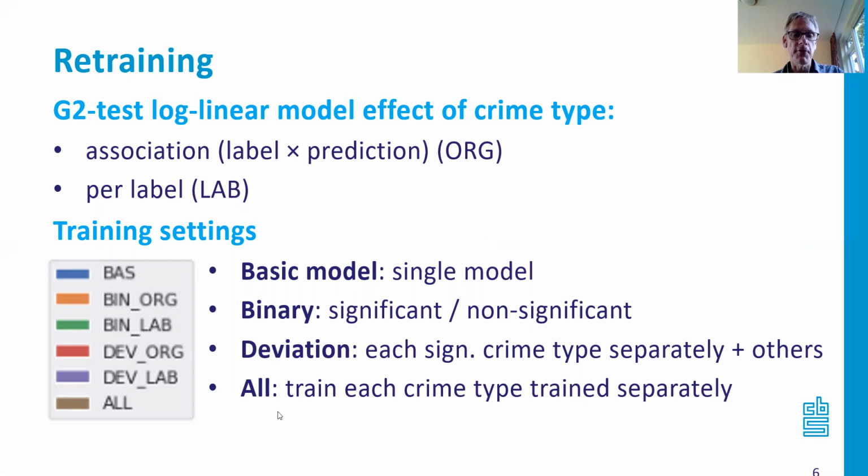And the setting all means that for all of the crime types a model was trained separately. And for binary and deviation, we had 2 variations. And the variation concerns the crime types that were considered to be significantly different. It was either based on the complete association or on the effect per label.